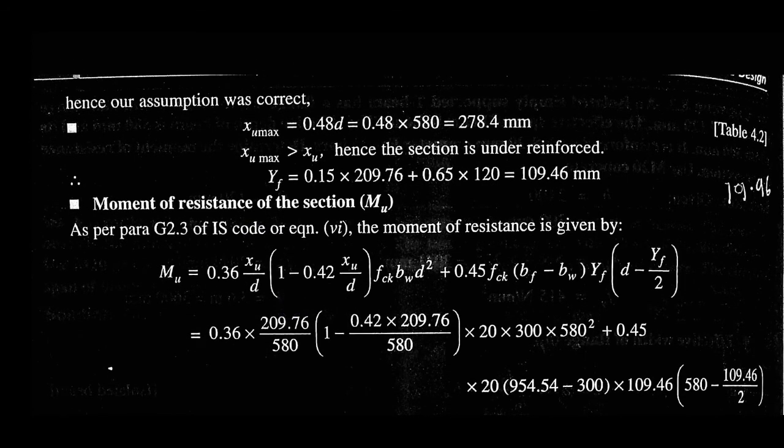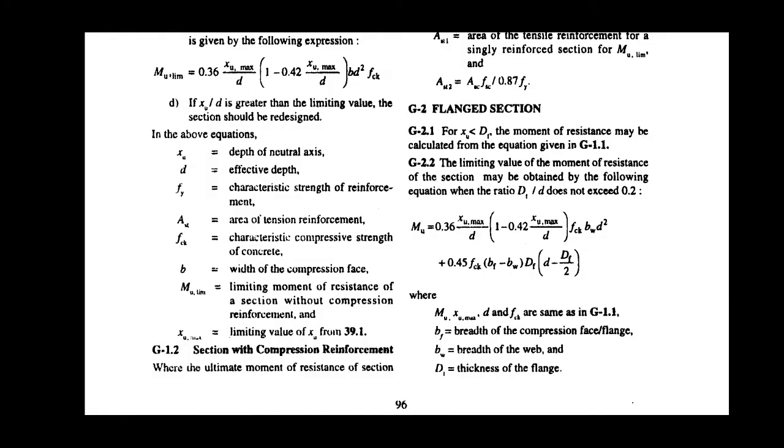Now, as per para G2.3 of the IS code, the moment of resistance is given by, before doing this, let's check para G2.3 of IS 456 2000. Look, this is Annex G of IS 456 2000. In para G2, the assumptions are expressed and discussed in the previous lecture, the link given below.